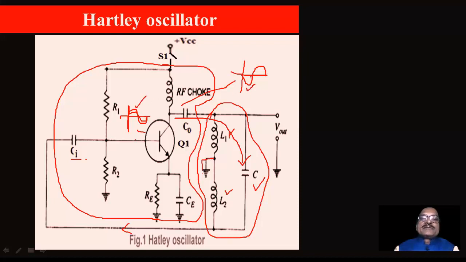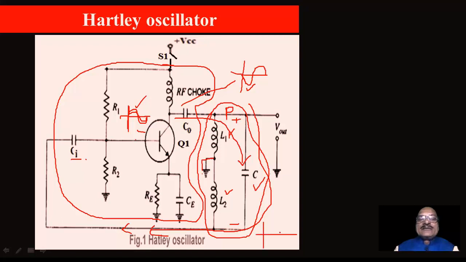Therefore, there is a phase difference of 180 degrees. Now, if you consider this as a point P, as we previously discussed, the polarity will be like this. This point is positive, this will be negative. Means, when this voltage passes through this tank circuit and appears at the base, what is the polarity?